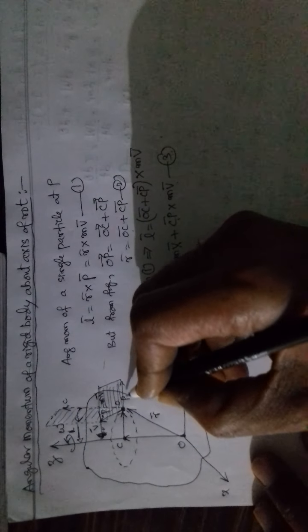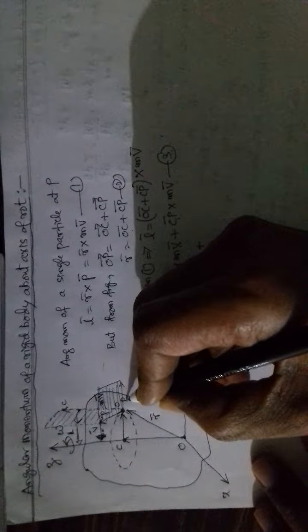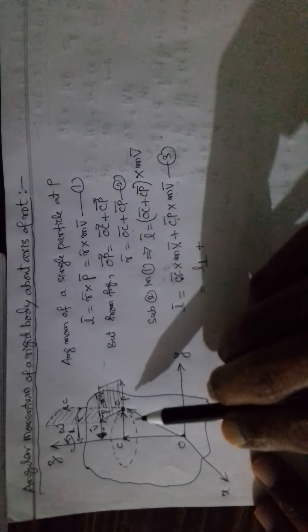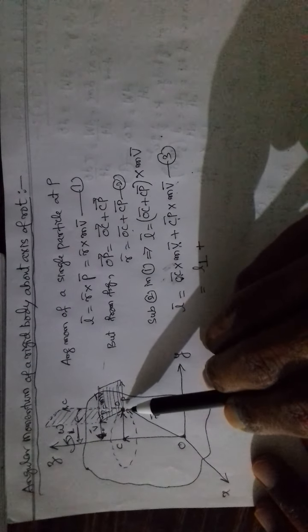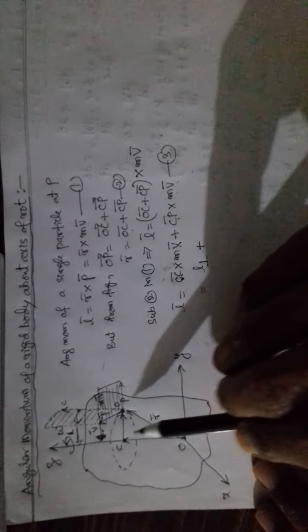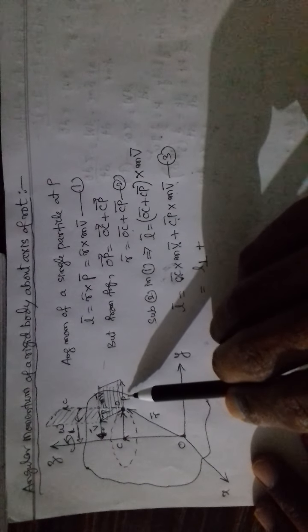See, this is the plane formed by CP and V. CP is a horizontal vector, and velocity is also a horizontal vector, so the plane formed by CP and V is a horizontal plane.